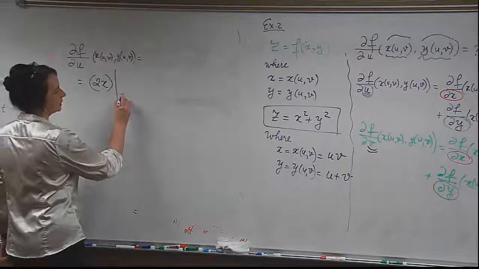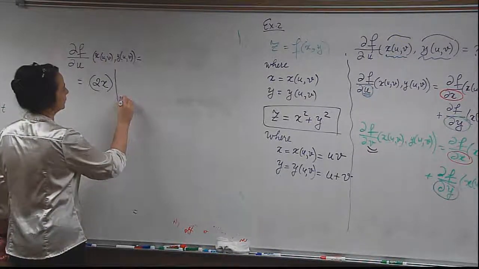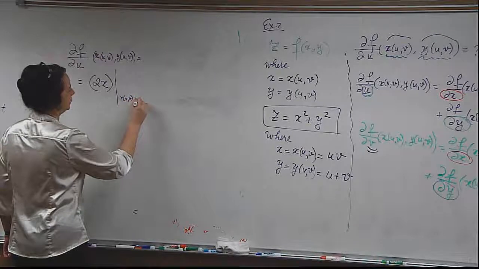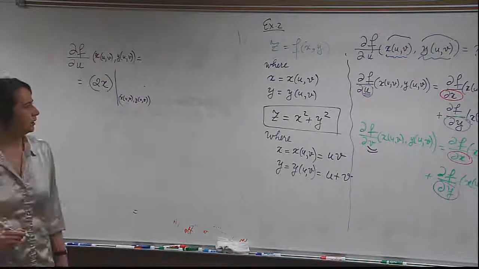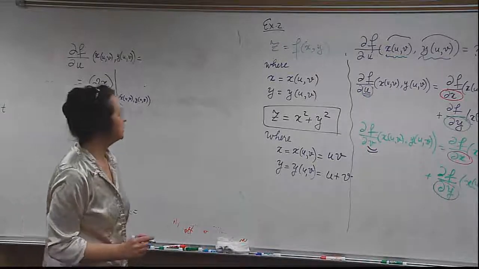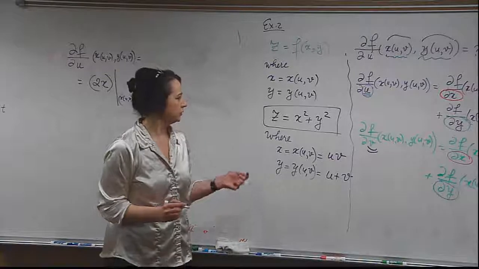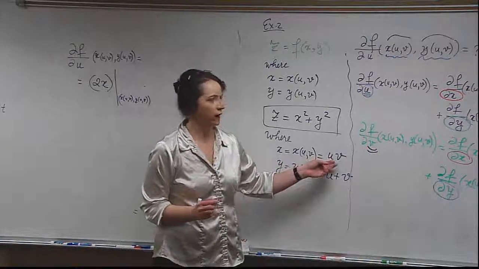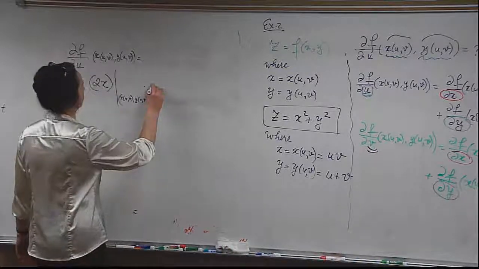So I'll say x of uv, y of uv. And I'll replace later because I'm not in a hurry. dx du. Who is dx du? The derivative of x with respect to u. Are you guys awake? Yes. So v, very good, v.